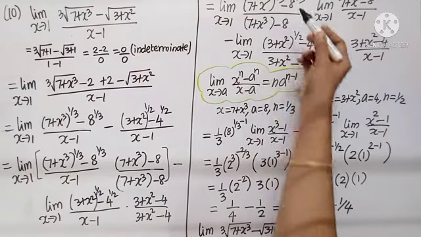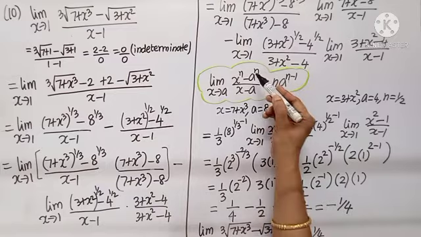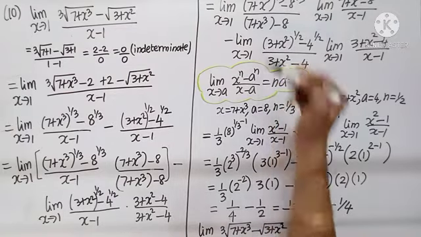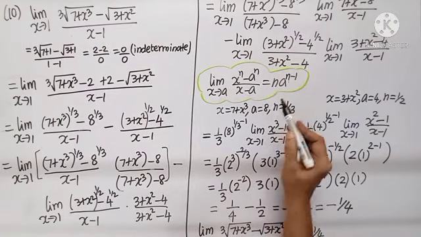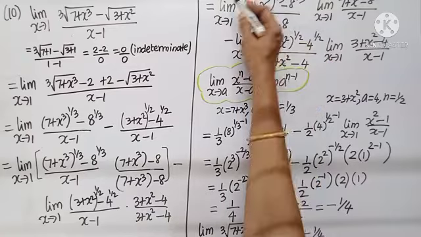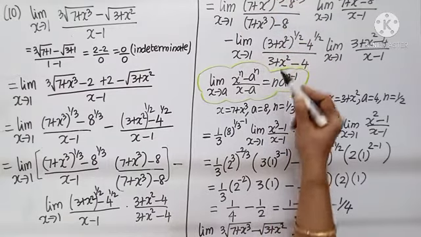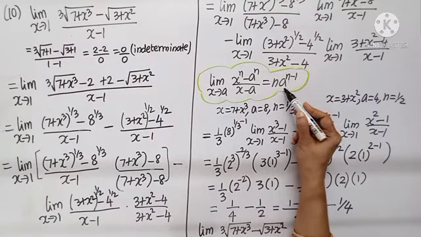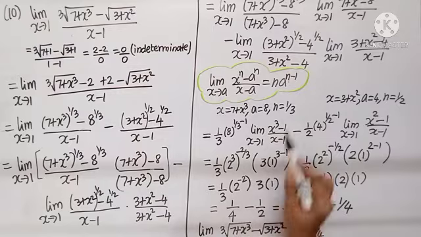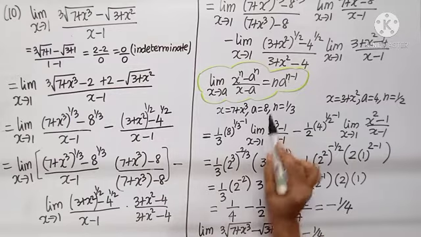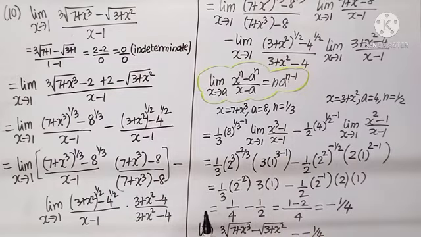Wherever a comes, I have 8. What is the power? n is 1 by 3. So I can apply this formula for the first limit. What is the formula? n a power n minus 1. 1 by 3, 8 power 1 by 3 minus 1.